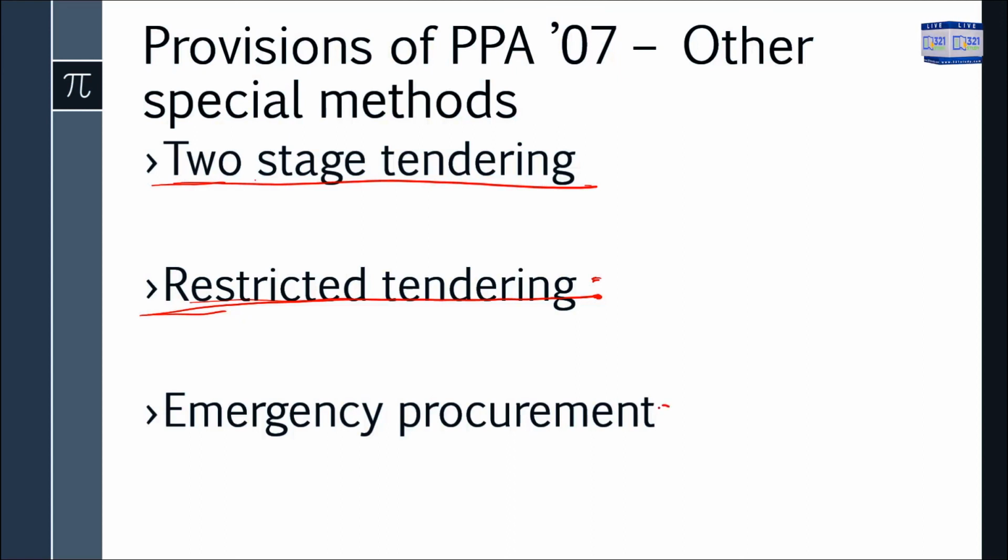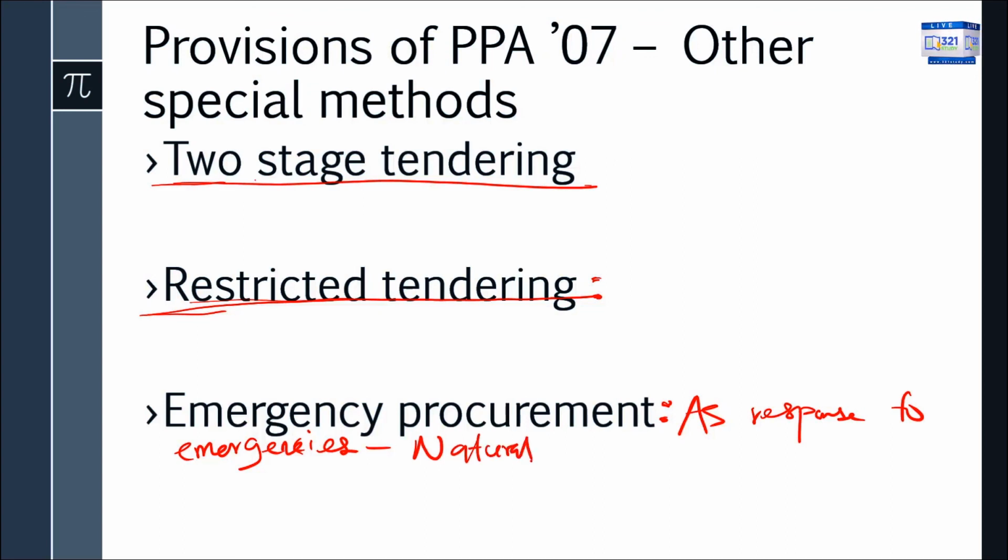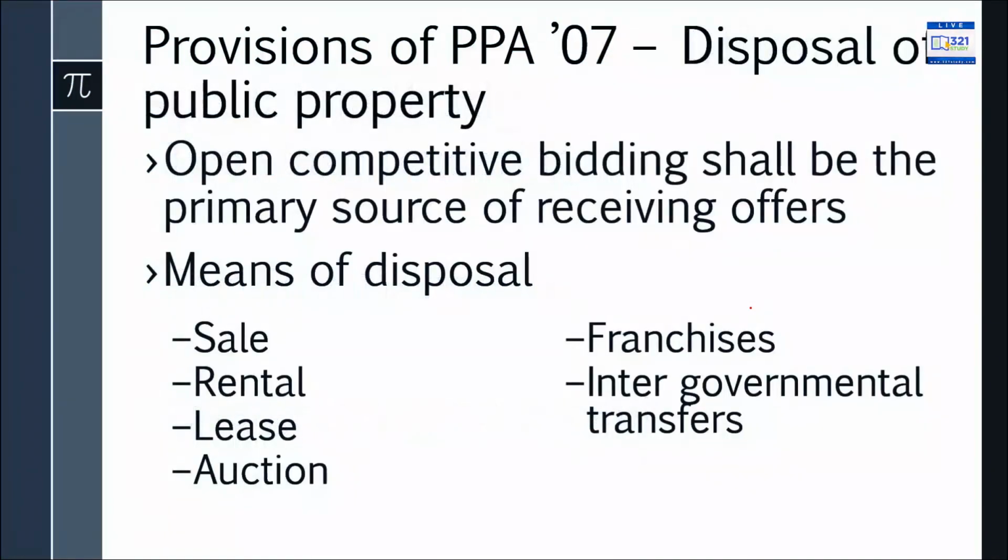And emergency procurement occurs usually as a response to emergencies, that is, things like natural disasters or attacks. In that case, an emergency procurement for aid materials might be needed, and the whole issue of going through a tendering process might not be required.